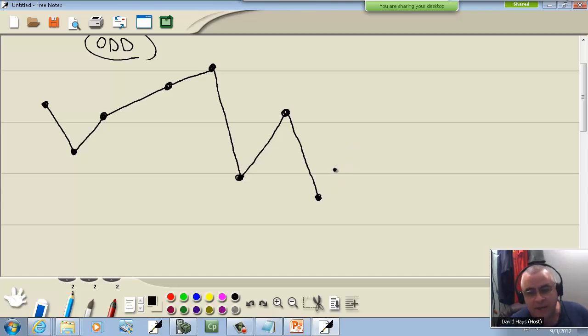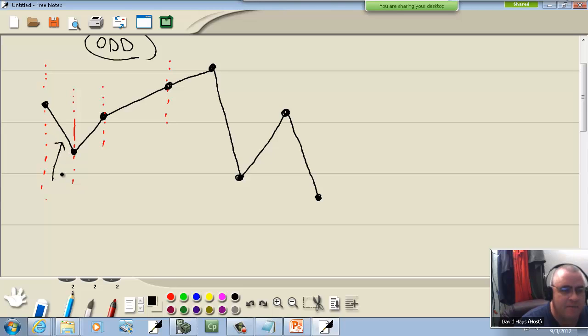There's no way we can get a graph to fit that. But what we can do is break these into pieces. Like this. Now by breaking it into pieces, I can get a model for this piece right here. Maybe this is y is equal to negative 2x. I don't know.